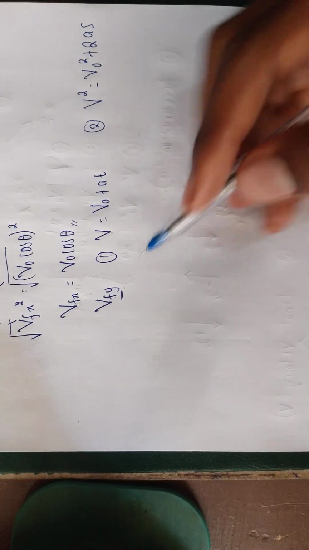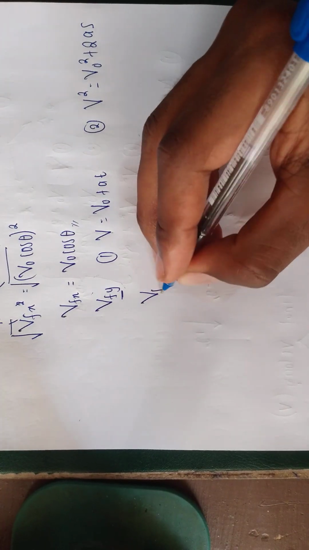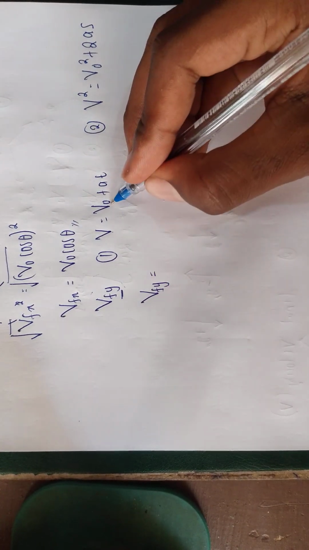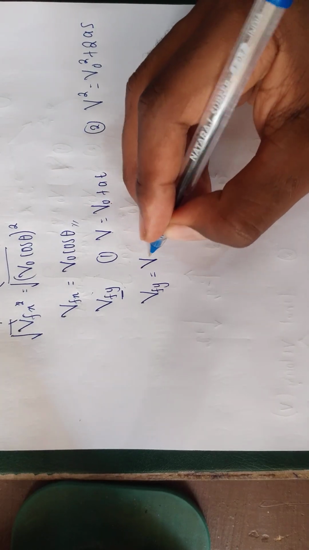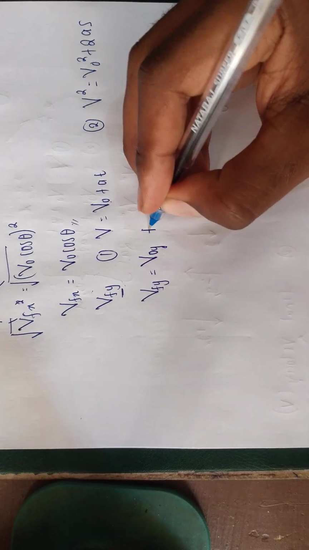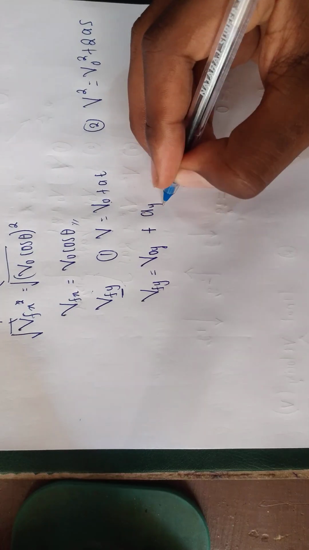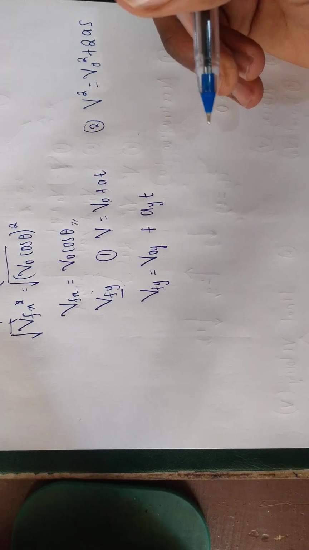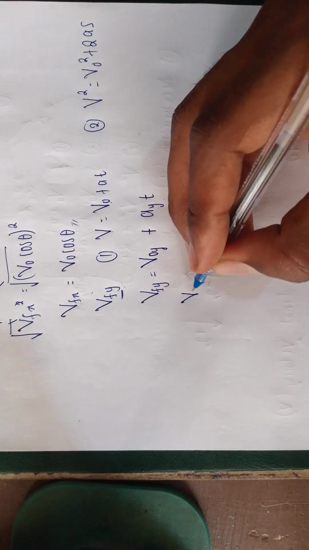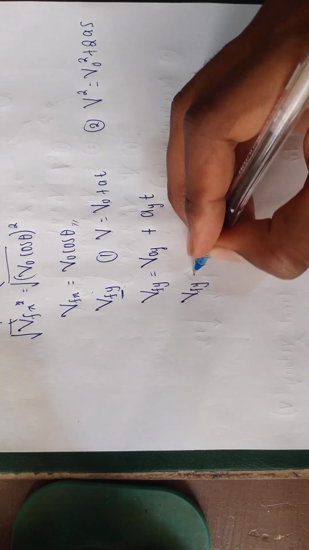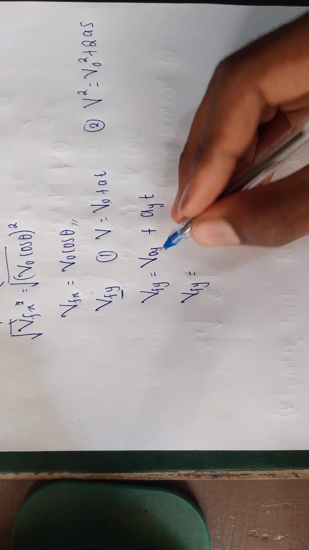So if you are looking at this equation, you will say the final velocity in the y is going to be equal to the initial velocity in the y plus the acceleration in the y multiplied by the time. So meaning the final velocity in the y is going to be equal to, what is the initial velocity in the y?